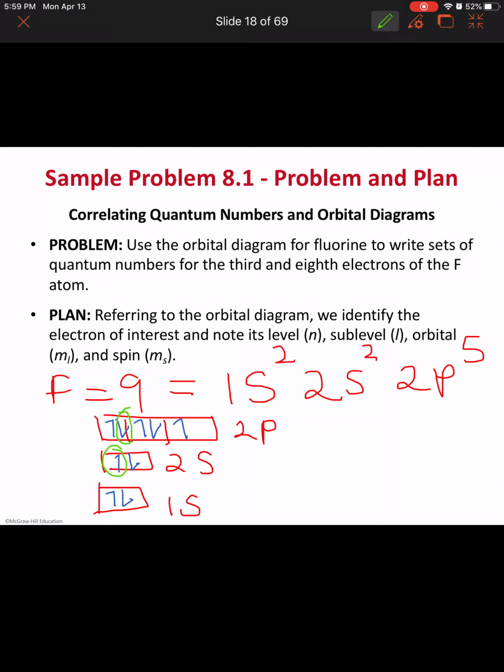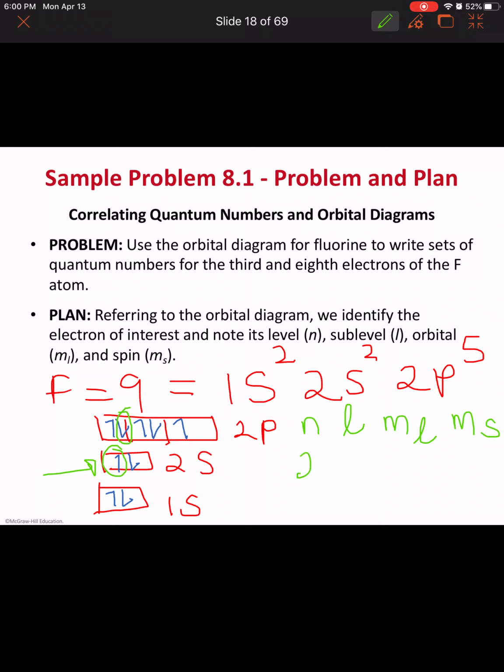Okay. Now we need to write the quantum numbers for the third one. Remember the quantum numbers, they are going to be n, l, ml, and ms. Now for the third electron, which is this one, what is the principal quantum number? That is the 2, right?